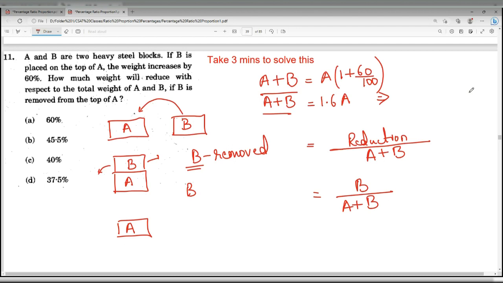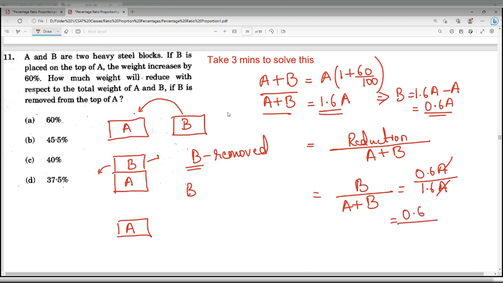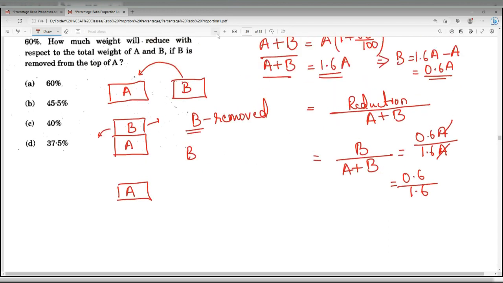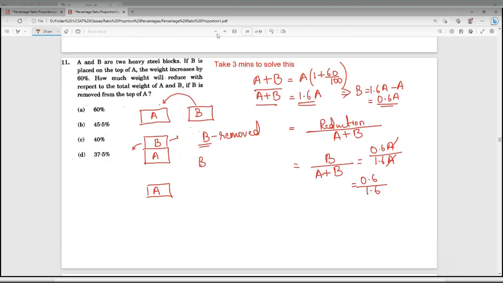B is equal to 1.6A minus A, and this is 0.6A. So B would be 0.6A divided by A plus B. I would substitute A plus B as 1.6A directly here. So A gets cancelled. This is 0.6 divided by 1.6. You can write it as 6 by 16.